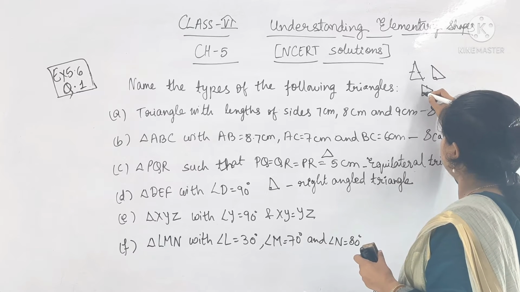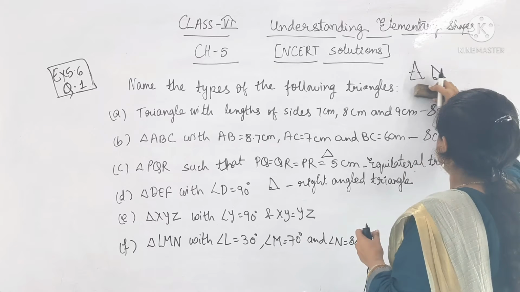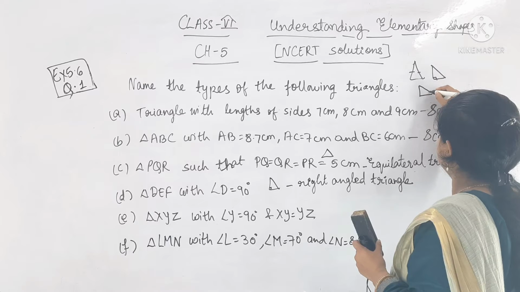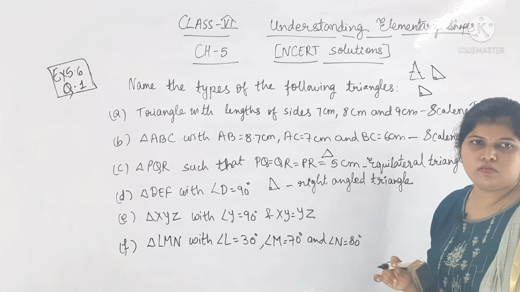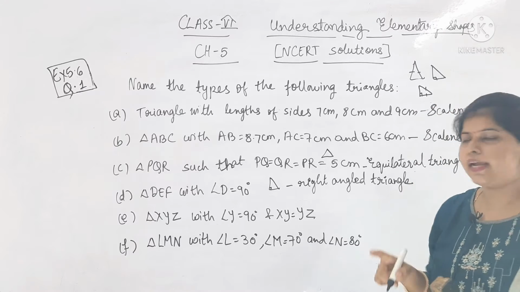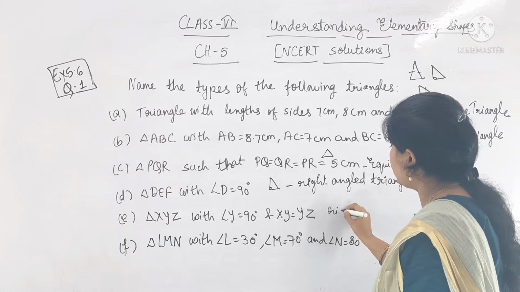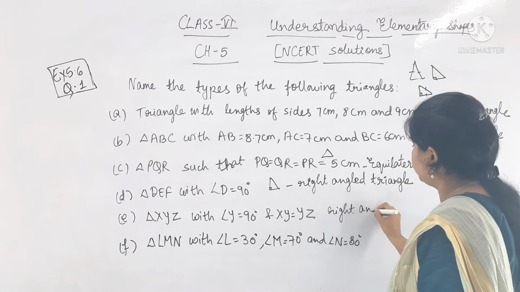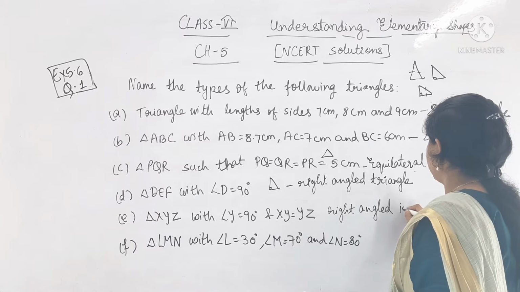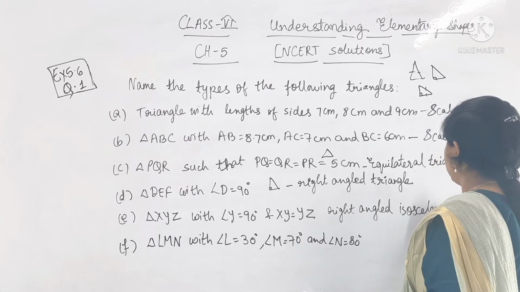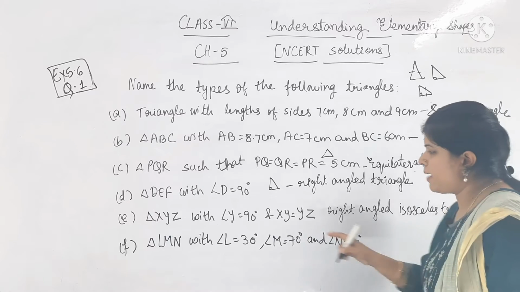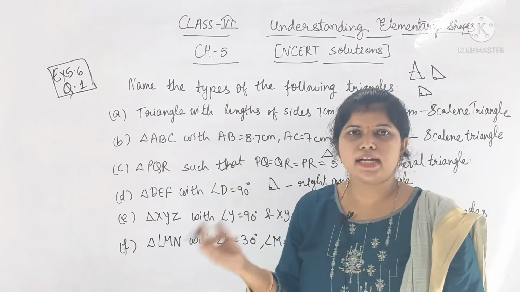So these angles are equal, these sides are equal, and this angle is 90 degree, that is a right angle isosceles triangle. This type of triangle is named both based on angles and sides.